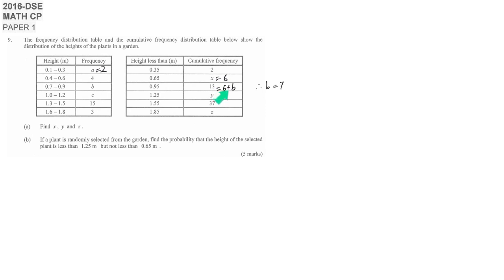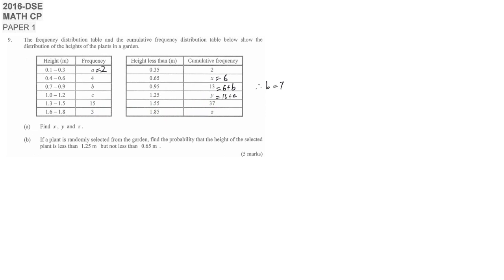For a similar reason, 6 plus B means 13. We count an extra group, C is equal to Y. Y is equal to 13 plus C. But in this equation, we have 2 unknowns, so we can't make any conclusion here. We focus on the next group. From here, we count one more group, an extra group.